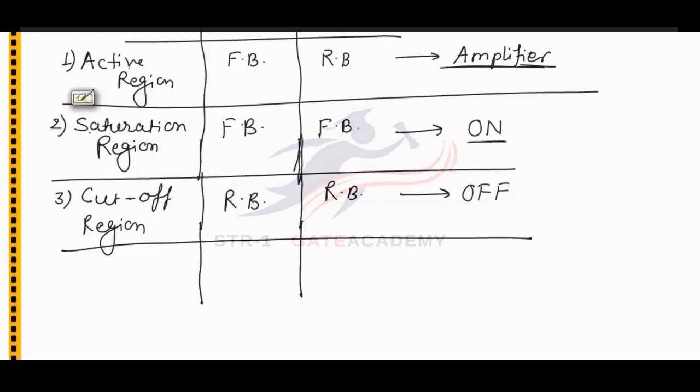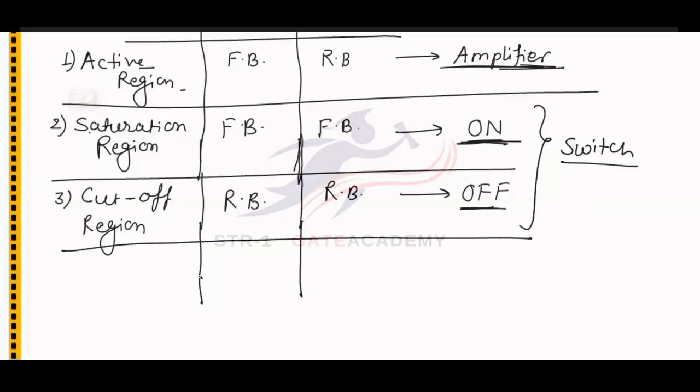So when biased in active region, BJT can be used as an amplifier, and when biased in saturation and cutoff, BJT can be used as a switch. When operated in saturation, it will be on switch, and when operated in cutoff, it will be off switch.